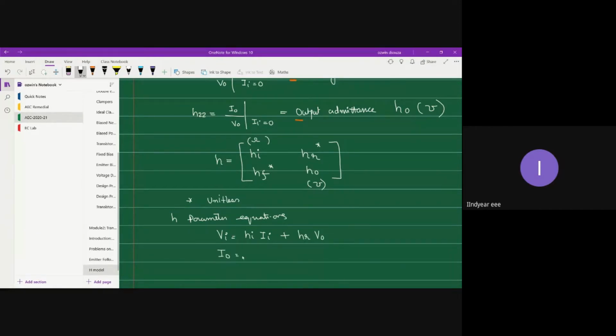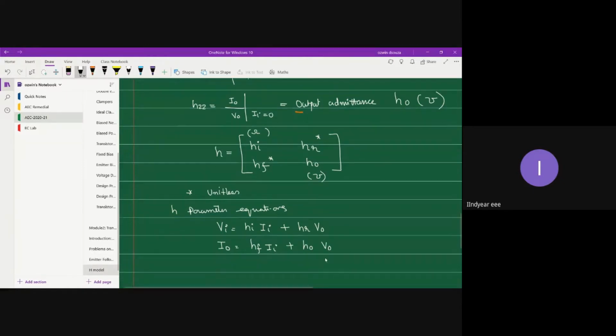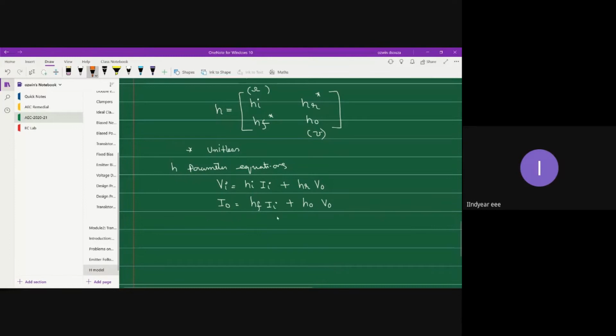Similarly, I0 is equal to H21, so that is HF into Ii, plus HO into V0. So you have two equations. Let's name these equations 5 and 6.